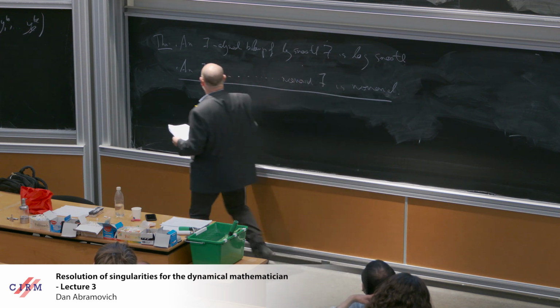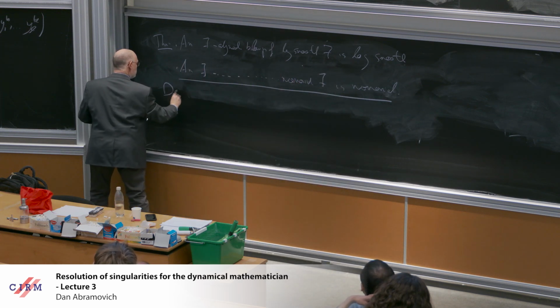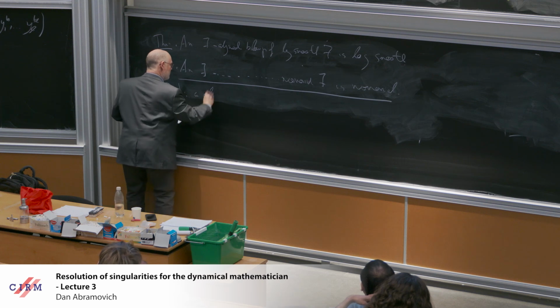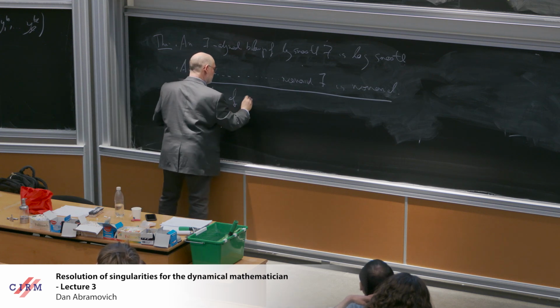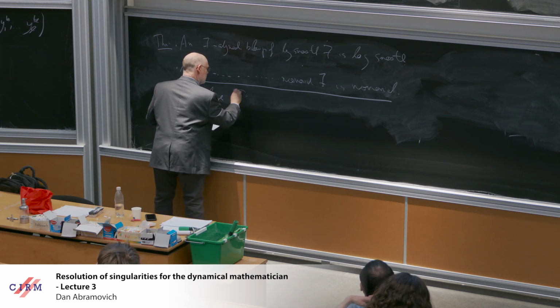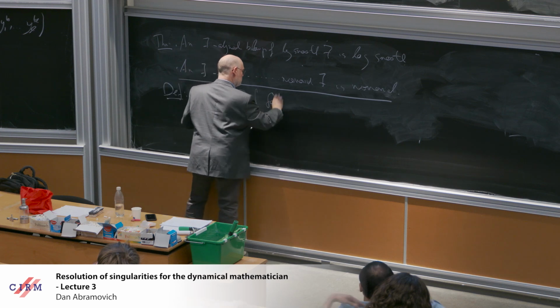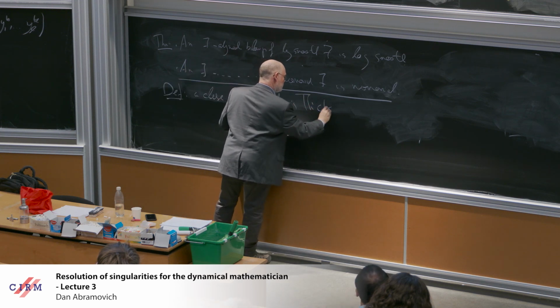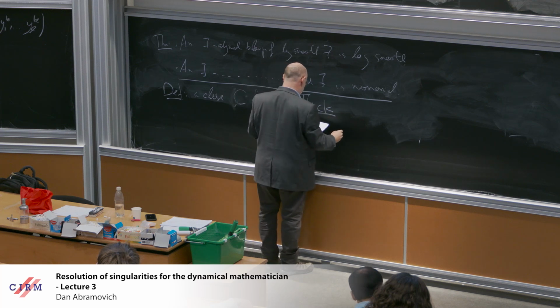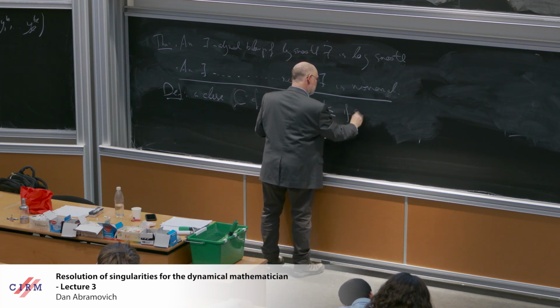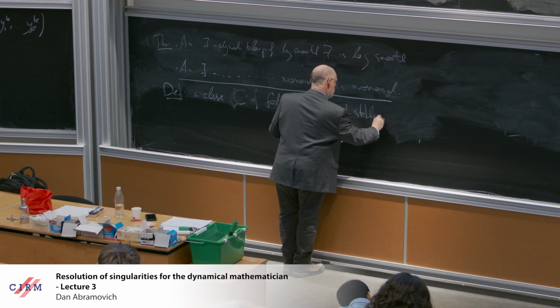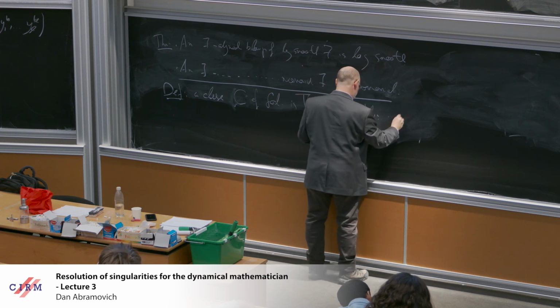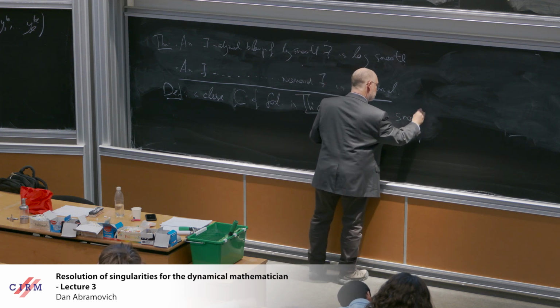So I'll define a class of foliation, a class C of foliations is thick if it is stable under smooth pullbacks.